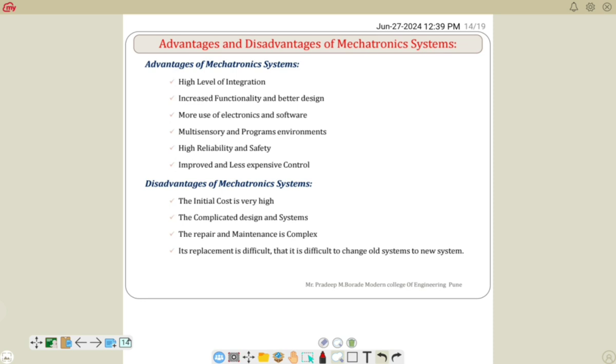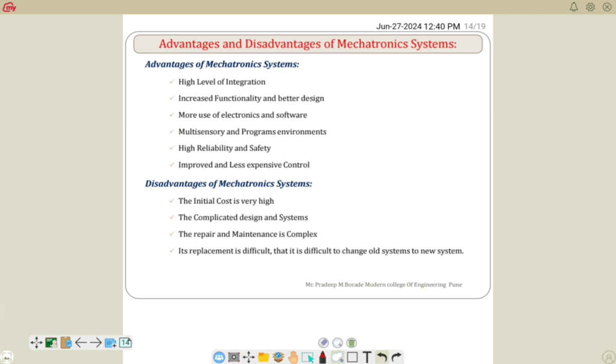So these are integrated, hence a high level of integration. Then second is increased functionality and better design. Third is more use of electronics and software, multi-sensory and programmable environments, then high reliability and safety, and improved and less expensive control. So these are the advantages of the mechatronic system.